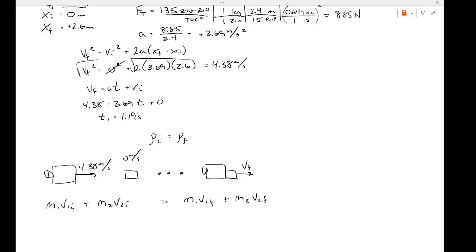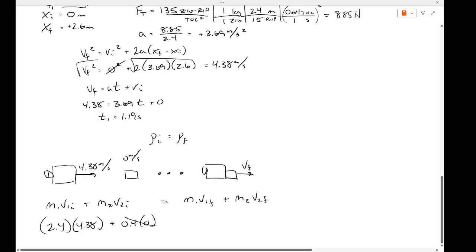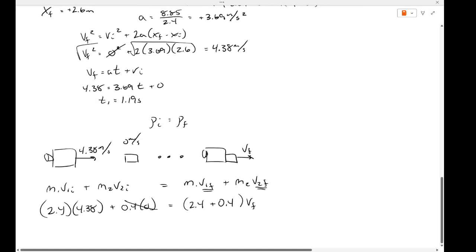In this case, we have our mass, 2.4, traveling at 4.38 right before the collision, plus the mass of the second cart, which they tell you is 0.4 kilograms, but it's not moving, so there's no momentum at the beginning. Then these two masses collide and stick together, so they have the same velocity, which means I can add the two masses together, and they're going to be moving together at that new velocity.